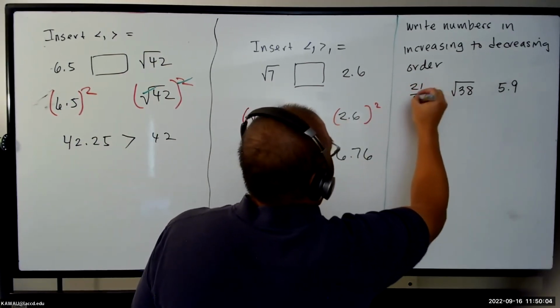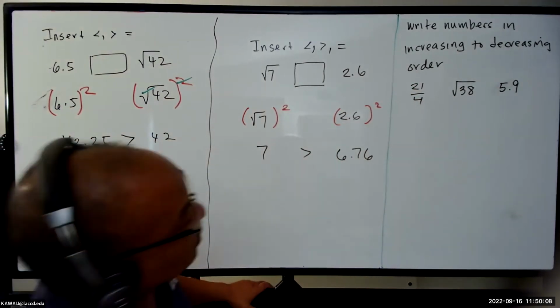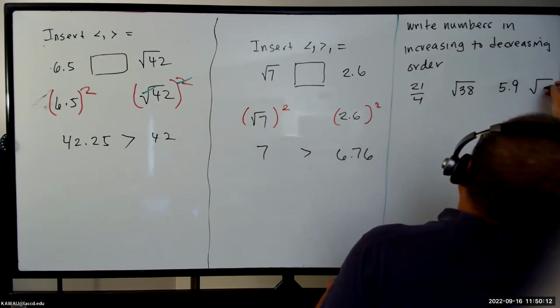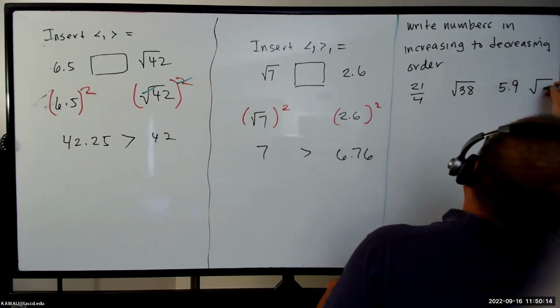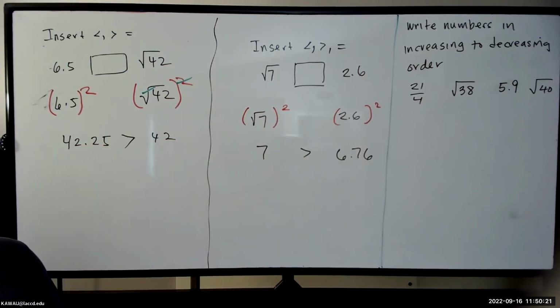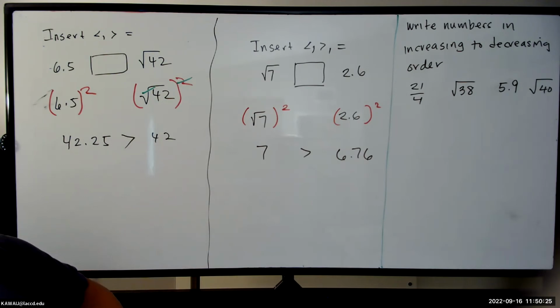I apologize. I know you guys copied. And then over here, let's do square root of 40. Okay, so big number first, small number last.